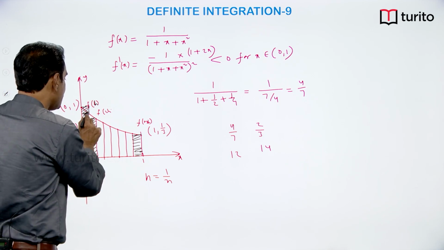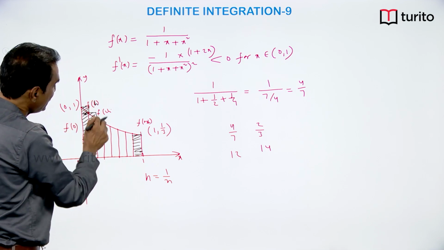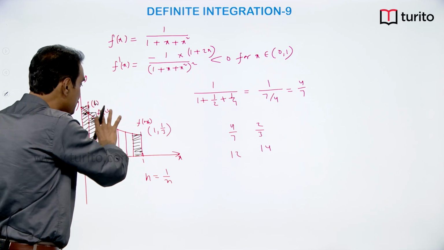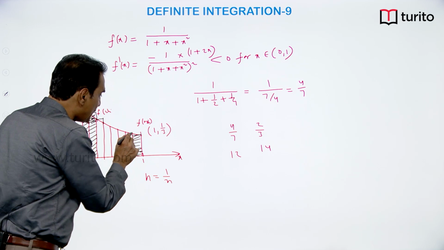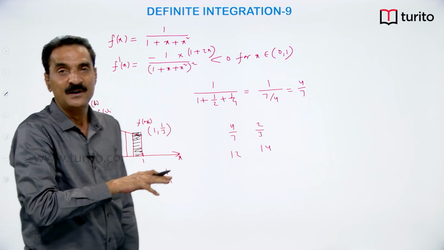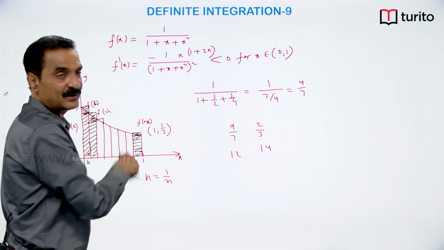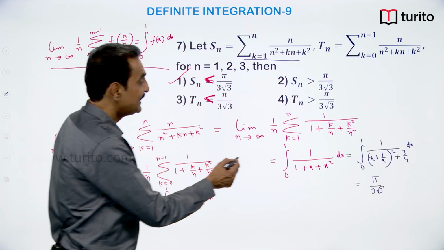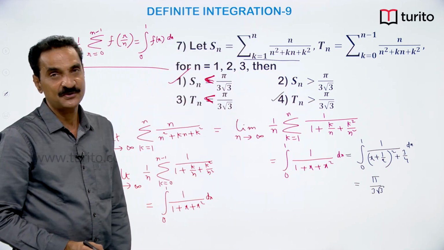Similarly, second ordinate into h, you are getting some extra areas, and so on, you are adding the areas of the rectangles. So, last but one ordinate into h will be this area. So, if you add all of them, you will get Tn, which is clearly more than the actual area. So, Tn will be greater than pi by 3 root 3. So, first option and fourth option are correct.